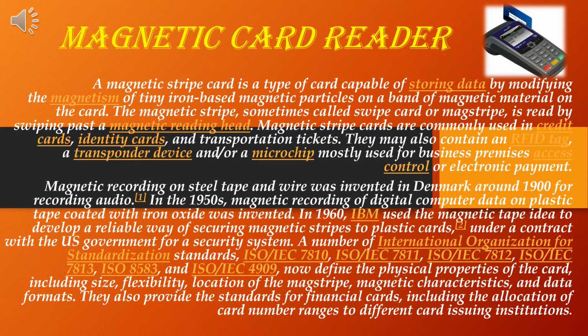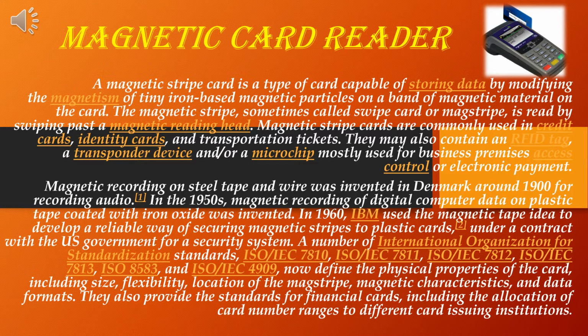Magnetic stripe cards are commonly used in credit cards, identity cards, and transportation tickets. They may also contain an RFID tag, a transponder device, and or a microchip mostly used for business premises access control or electronic payment.